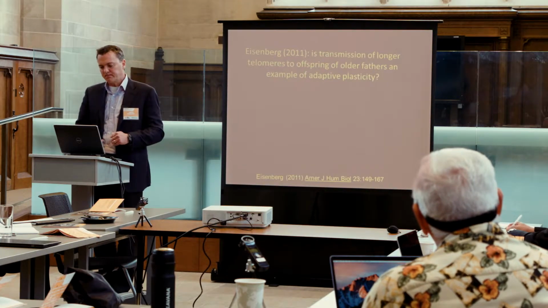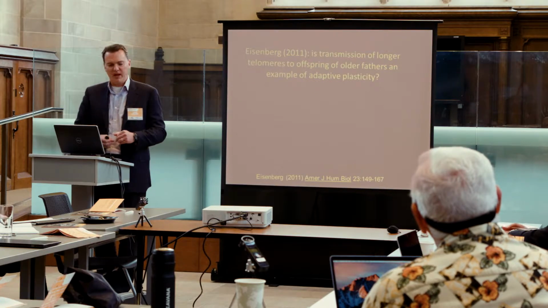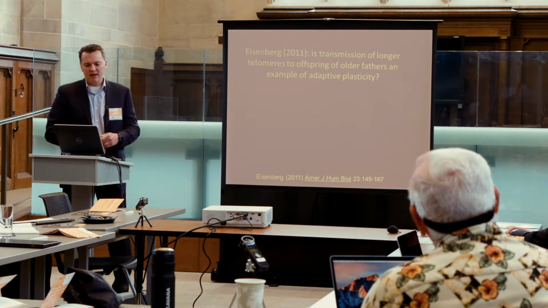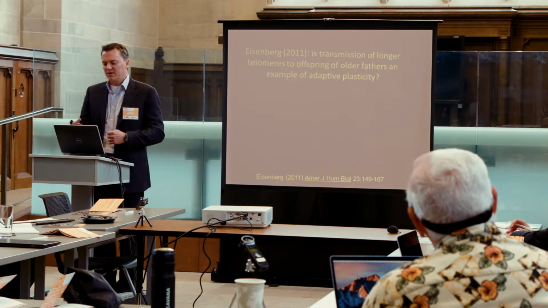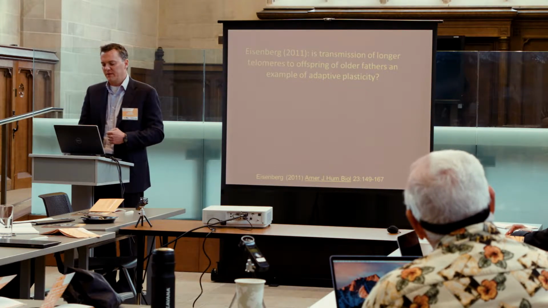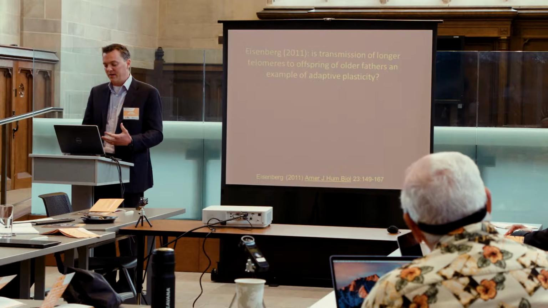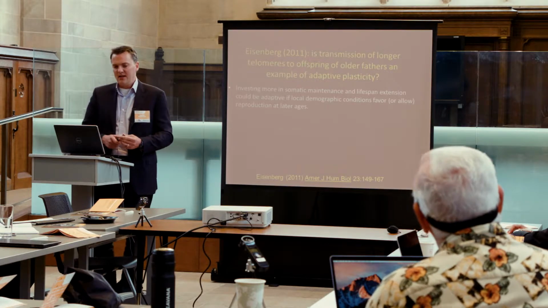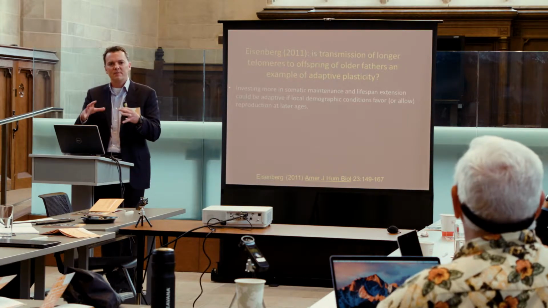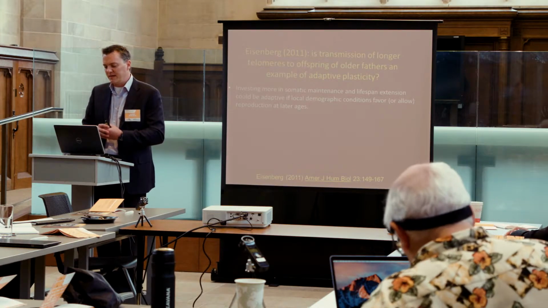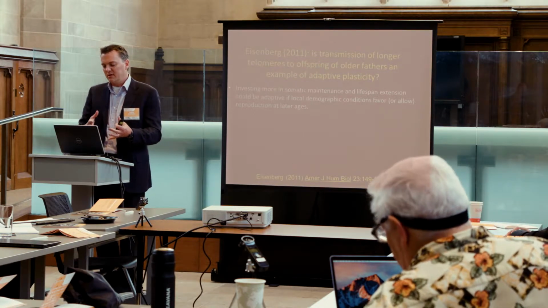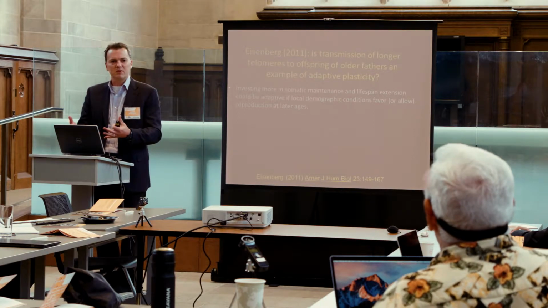Well, Dan came up with this really interesting idea. I think it's a pretty cool idea. He proposed that the transmission of longer telomeres to offspring of older fathers could be an example of adaptive plasticity. And the idea is that investing to keep your body going, right, in the long run, to extend your lifespan, could be important to the extent that people tend to reproduce at later ages, right?